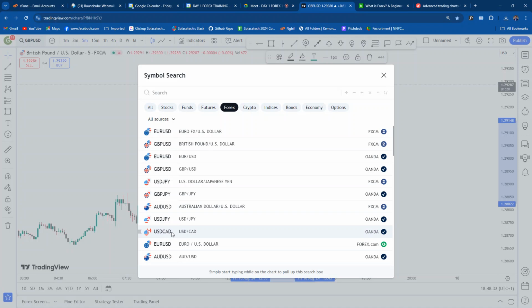Now, minor currency pairs are those pairs. But before then, let me list out the eight major currencies we have. Let's write them down.